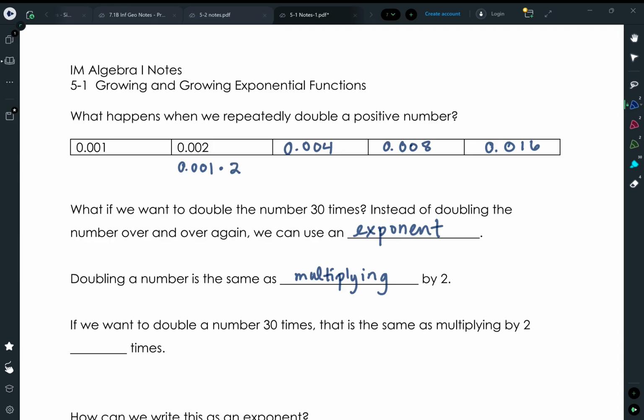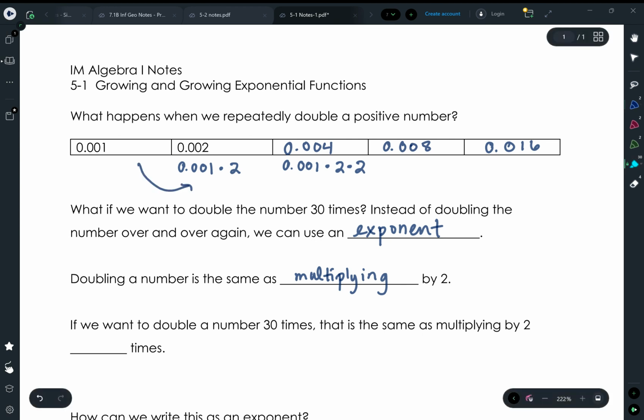So then I had to double it again. So I took that 0.002 and I multiplied by 2, and then I had to multiply by another 2 to get the next value, right? So this is doubling one time, so I have one factor of 2, and when I double it again, I'm multiplying by one more factor of 2. So I take what's already there and I multiply it by another factor of 2.